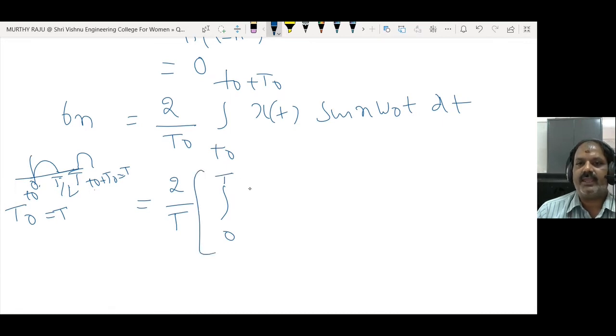X of t sine n omega naught t, where omega naught is 2 pi by T naught, into t.